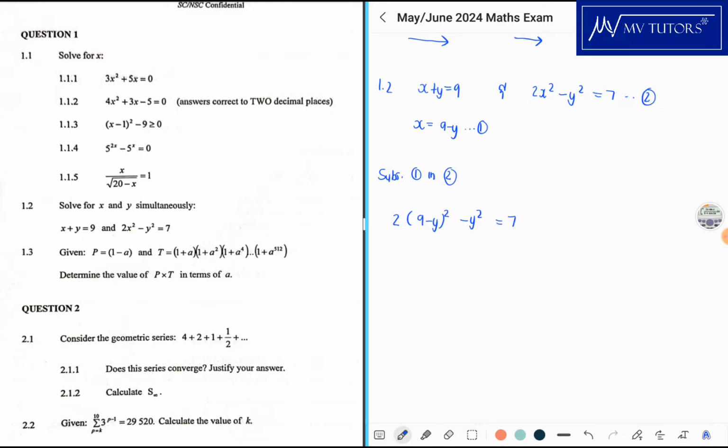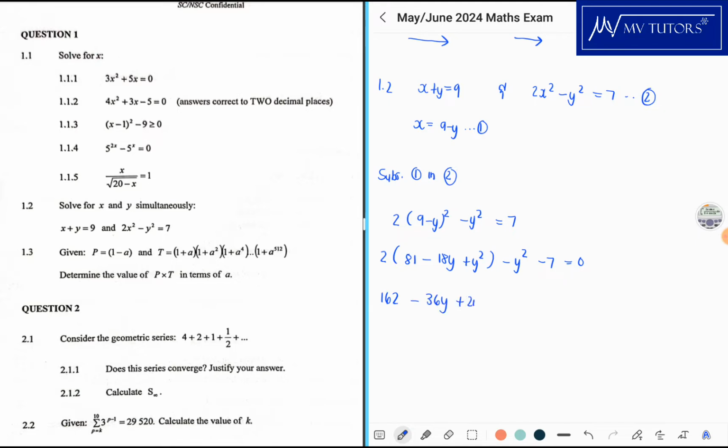Okay, now if I get rid of the brackets, 9 squared is 81. 9y plus 9y is 18y. And then we have y squared minus y squared. I'm going to bring the 7 to the left-hand side. Now 2 times 81, that's 162, right? 18 times 2, that is 36.